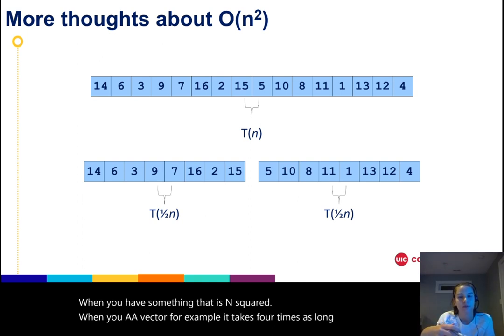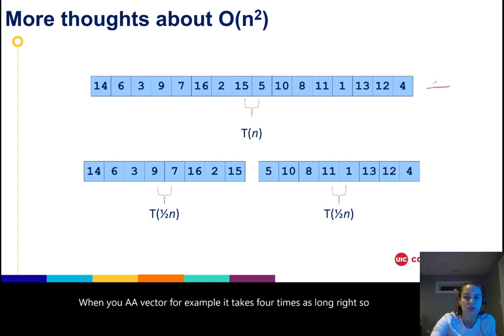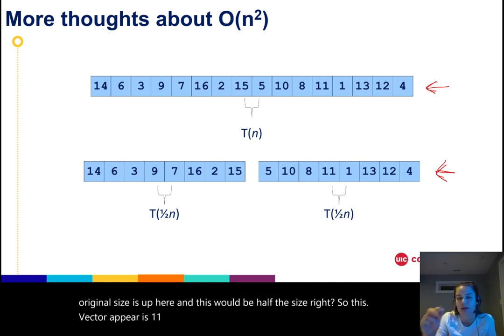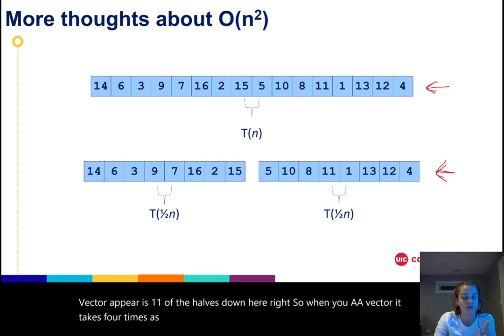So an array of original size is up here, and this would be half the size, right? So this vector up here is double one of the halves down here, right? So when you double a vector, it takes 4 times as much time to run that algorithm.